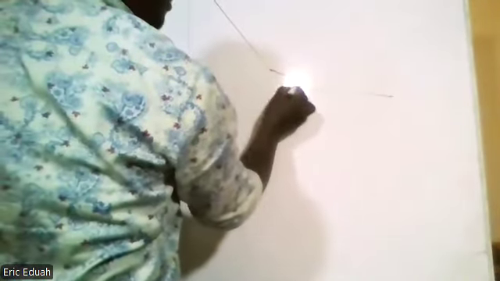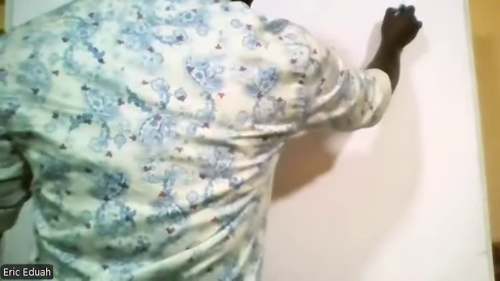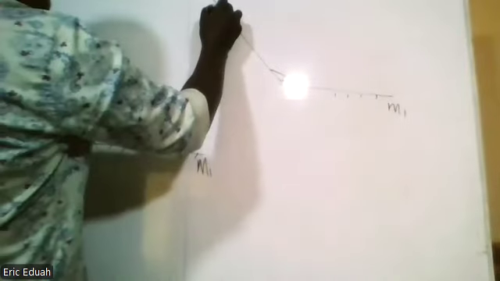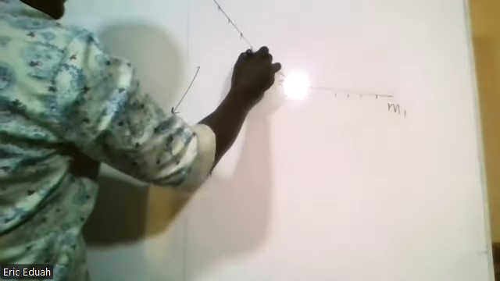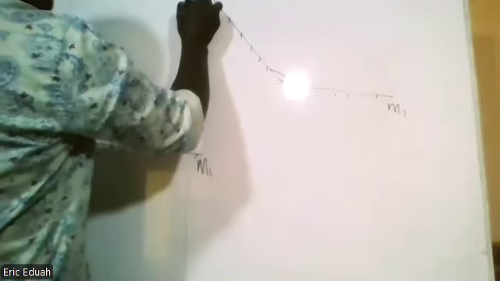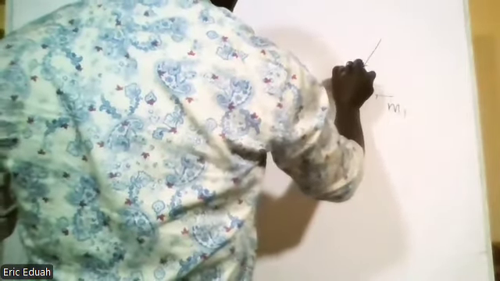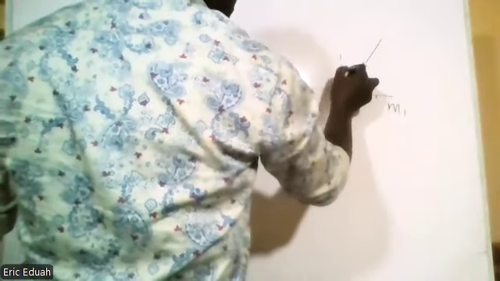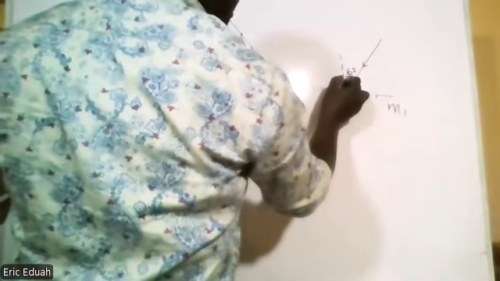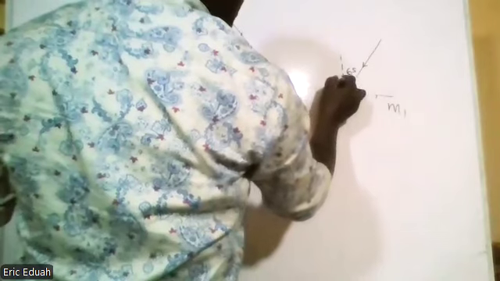So this is 120. A ray, mirror 1, mirror 2. This is 65, and it will reflect.